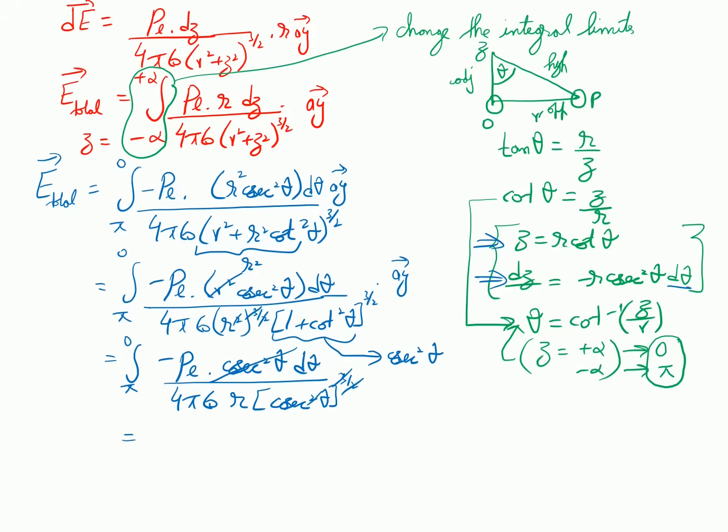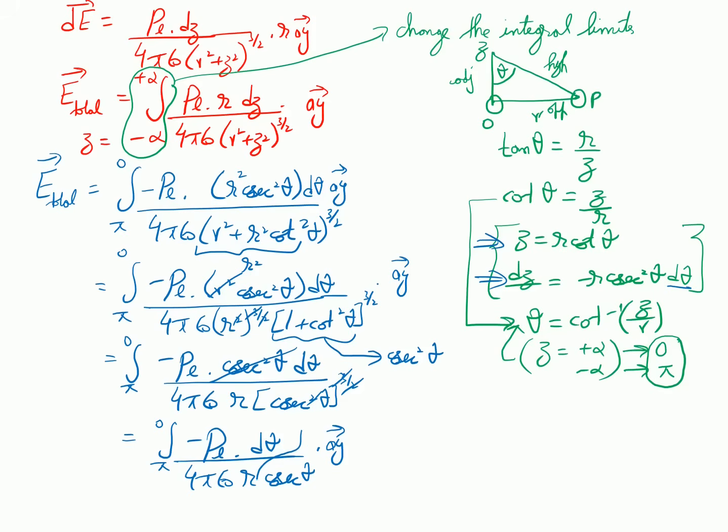So my equation now looks something like pi to 0 minus rho of L. On the top side we have just d theta left now, divided by 4 pi epsilon naught, and I have r, and this becomes cosecant theta along ay. So this is what I am getting. Now my 1 by cosecant theta, I can simplify this portion.